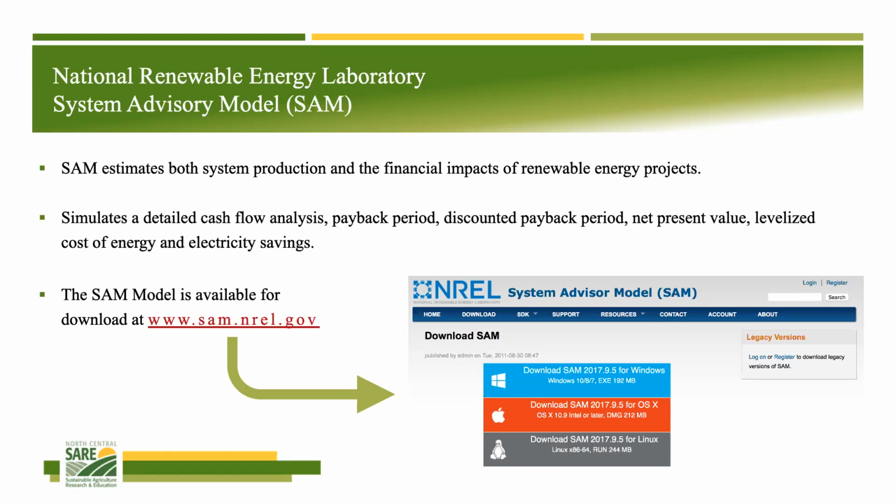I apologize for that error on the slide. It is dsireusa.org, not desire. Yeah, and looking at the slide, it actually auto-corrected DSIRE to the word. Oh, that's a problem too. So it's dsireusa.org, and we'll get you that.